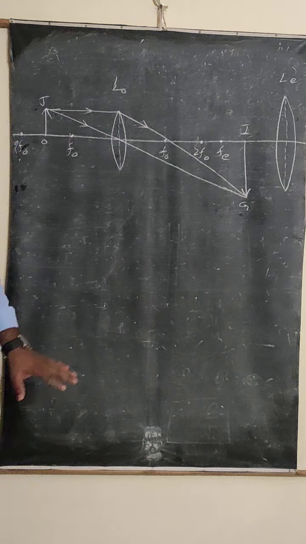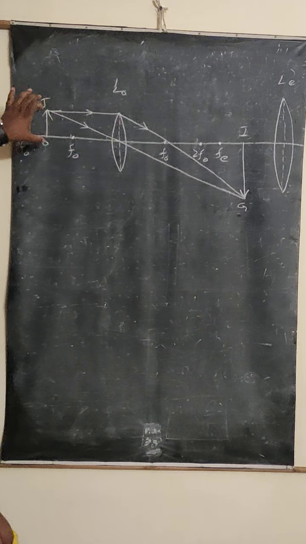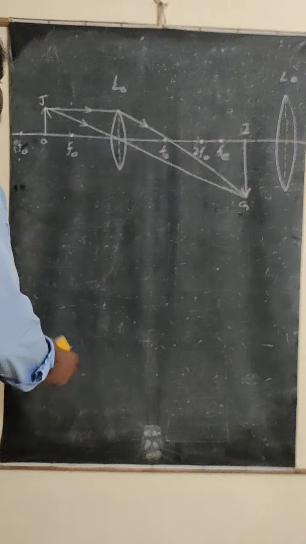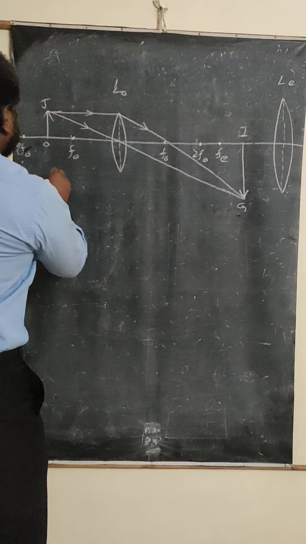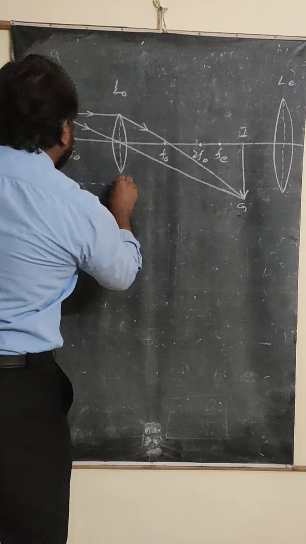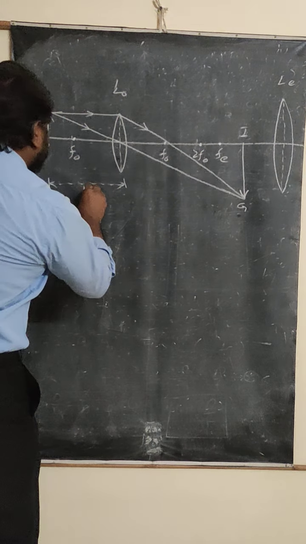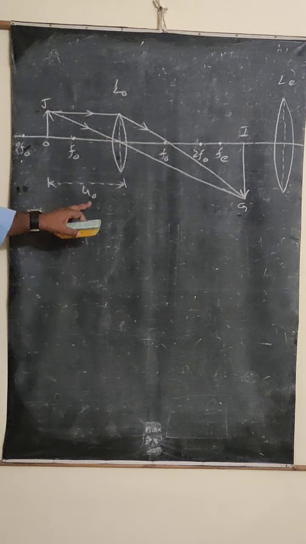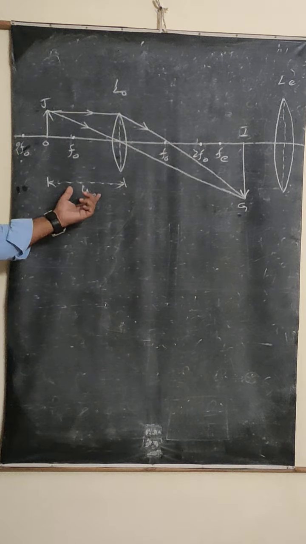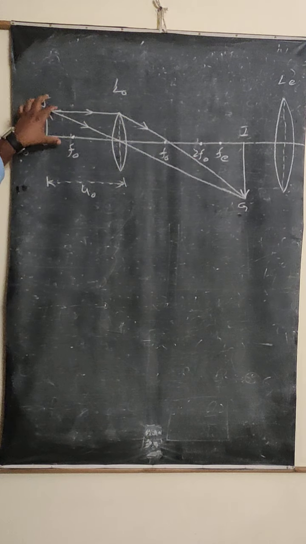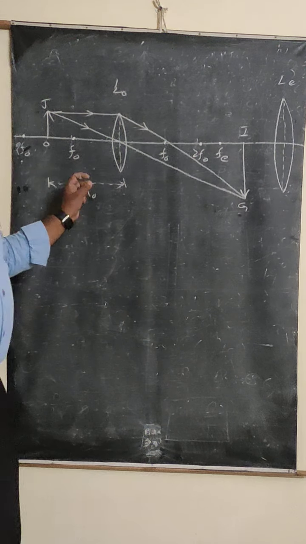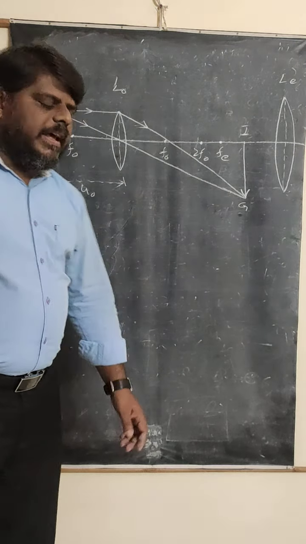Now we understood, this is the objective lens. Here we take the object and the image produced is IG. Now, this distance is called U0. Why is it called U0? Because this is the object distance for the objective lens. U0 represents the object distance from the objective lens.